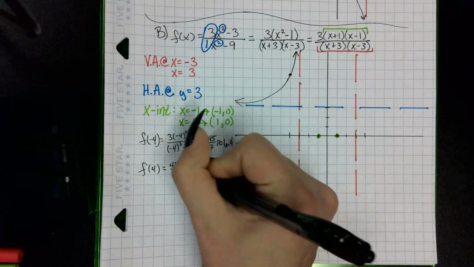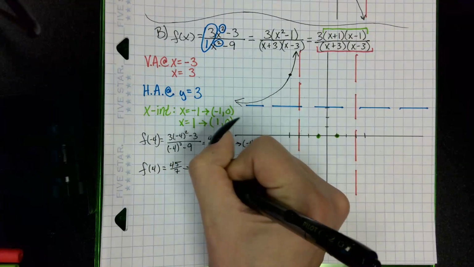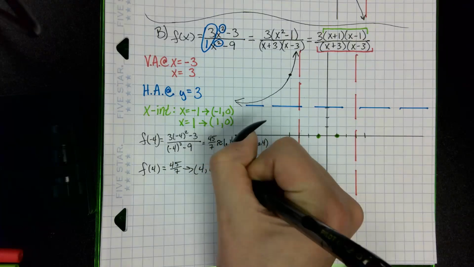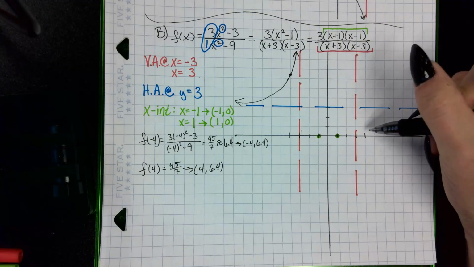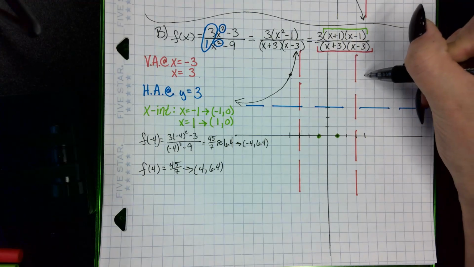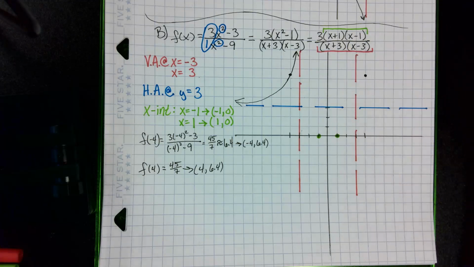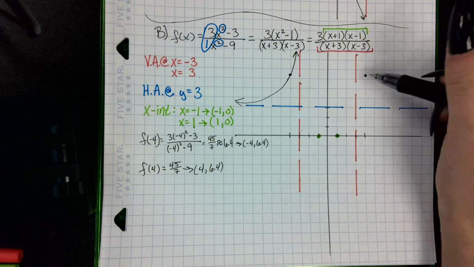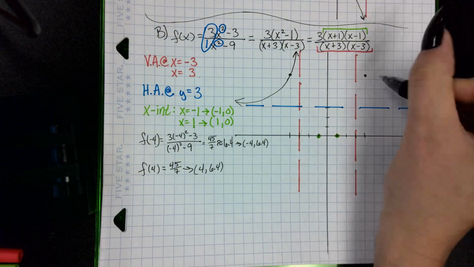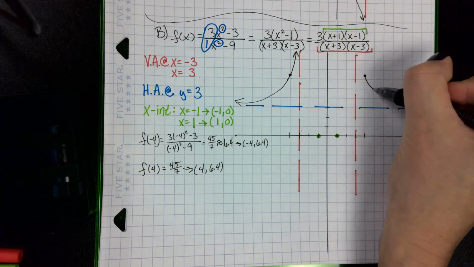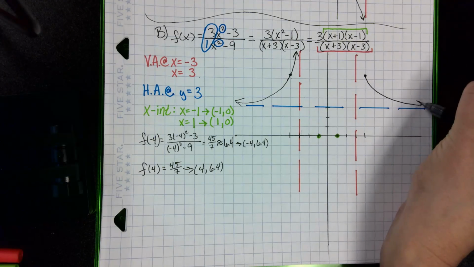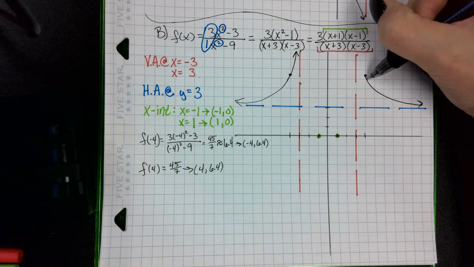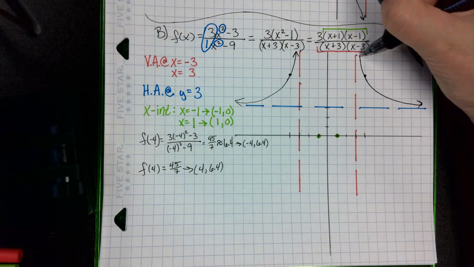So I know that gives me the point 4 and about 6.4. So I go up to the same height, but on the right side. So my end behavior is approaching that horizontal asymptote at 3. And then as I go the other direction, it's going up towards that asymptote.